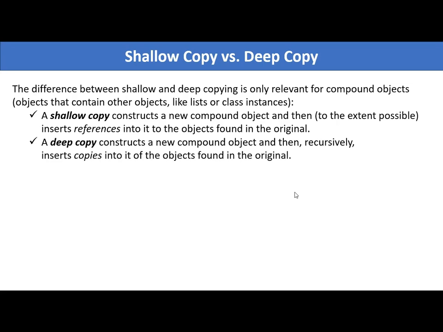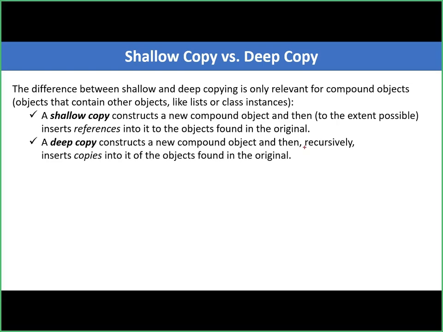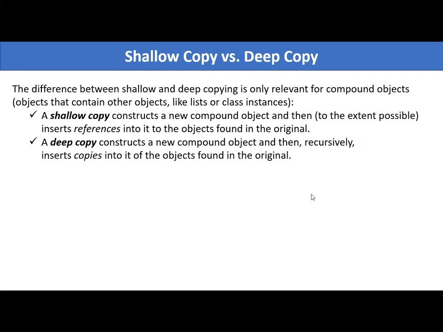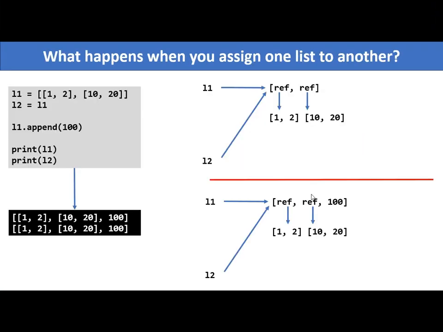It doesn't go deeper than that. Deep copy is recursively making copies of all nested objects. If you don't understand what it means, no problem. Let's get into the details.